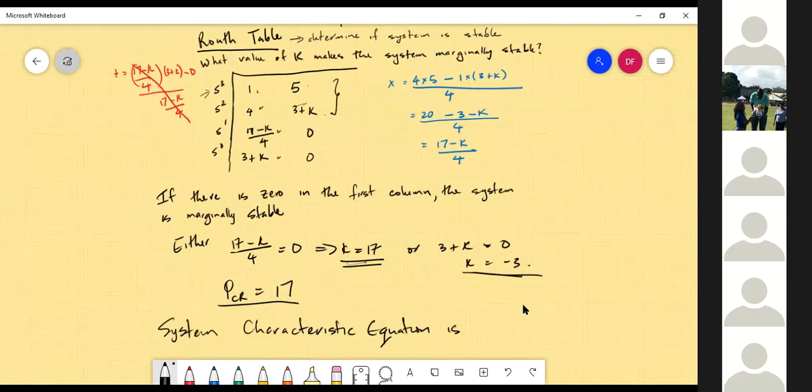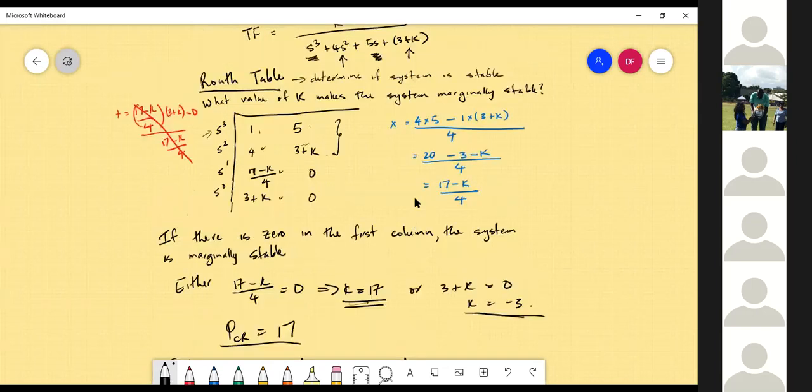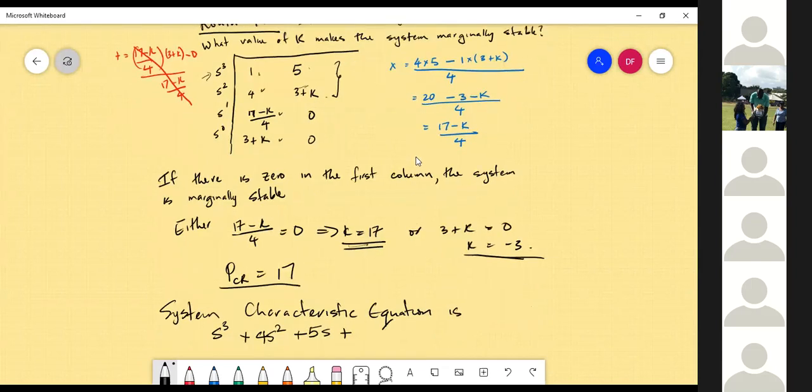The system characteristic equation is S cubed plus 4S squared plus 5S plus, now we're going to use this 17, 3 plus K, so that is 3 plus 17, equals 0.